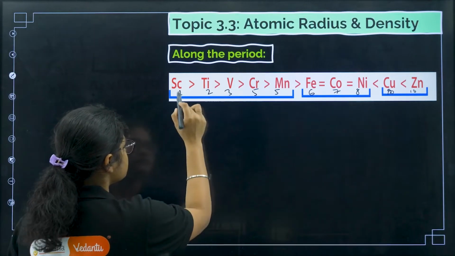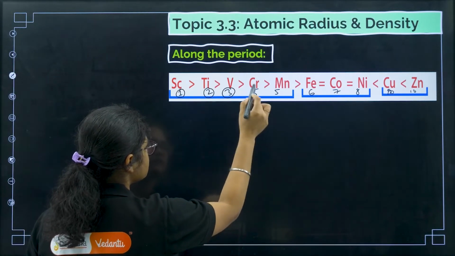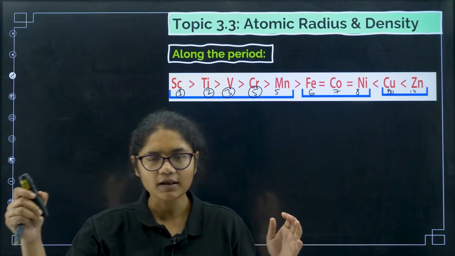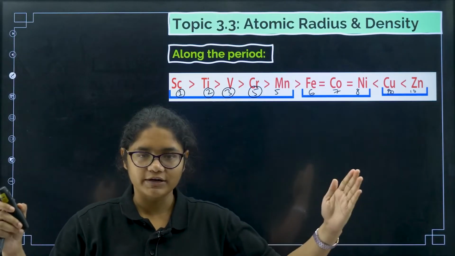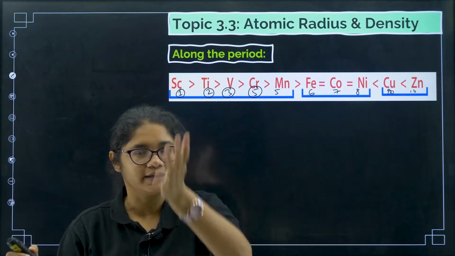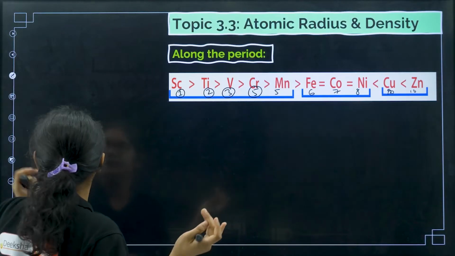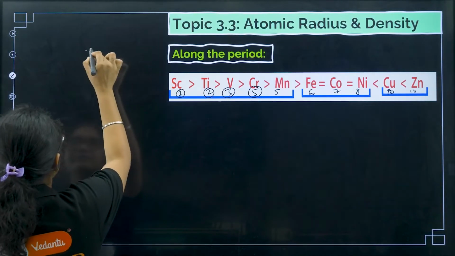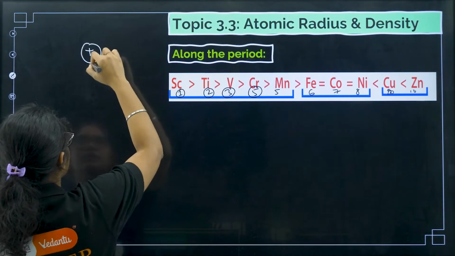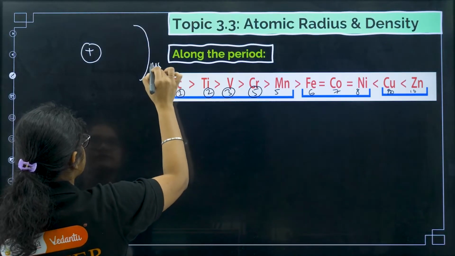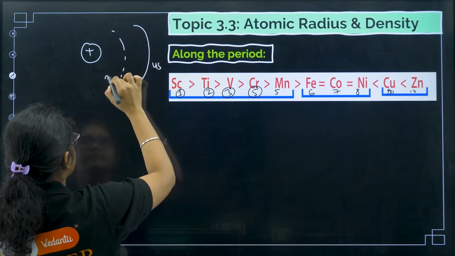Initially there are very few electrons available. The nucleus is there, the outermost electron is there, and in between there are very few electrons. This is the valence 4s shell, and this is the 3d shell.